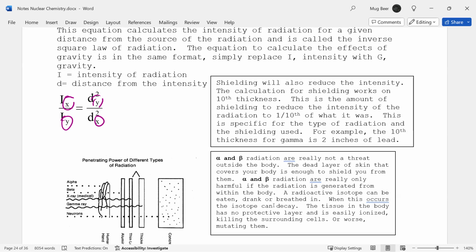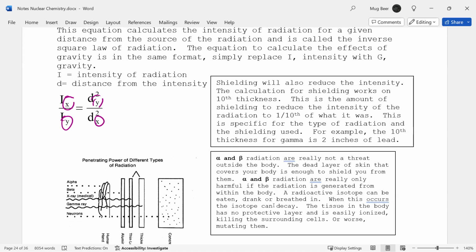So the only two we're concerned about: 2 inches of lead is a 10th thickness for gammas, and 10 inches of water or plastic or whatever is a 10th thickness for neutrons. It does take more thickness to block the neutrons, but the thing you're blocking it with is basically free, water. It's cheap.